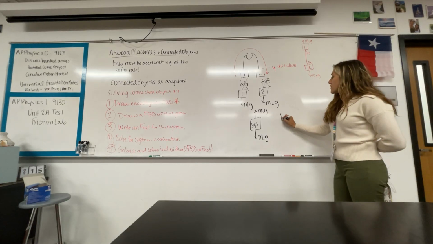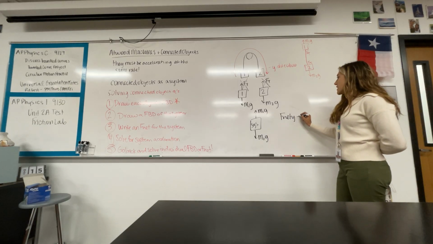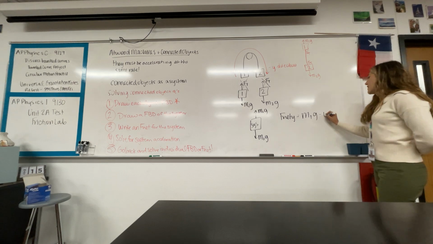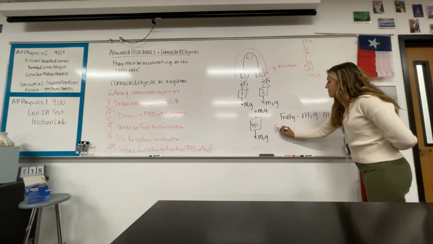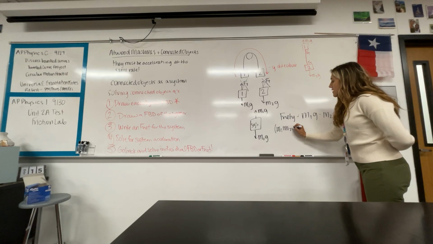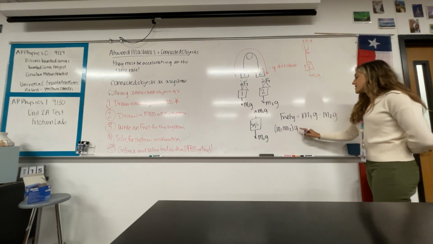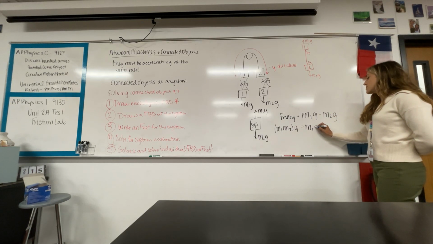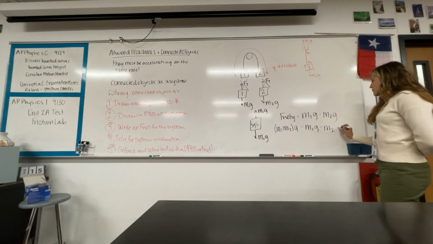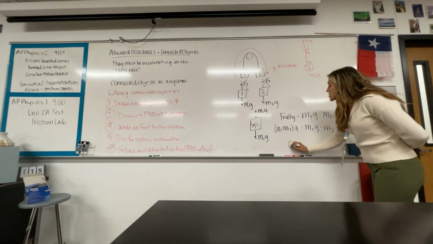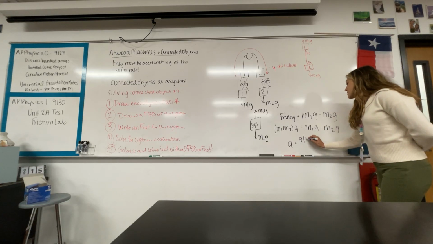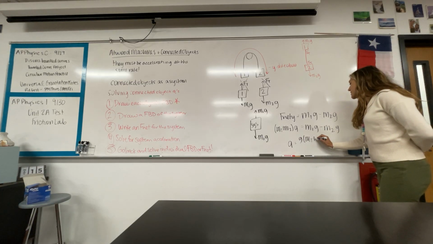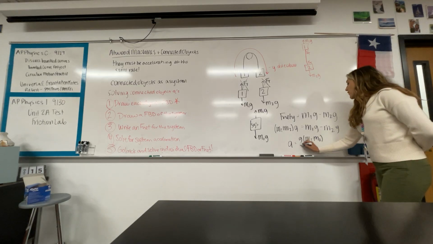From here, I would write out F net y is equal to M1G minus M2G. So that's both masses times the acceleration of the whole system is equal to M1G minus M2G. So the acceleration of my whole system is equal to G times M1 minus M2 over M1 plus M2.